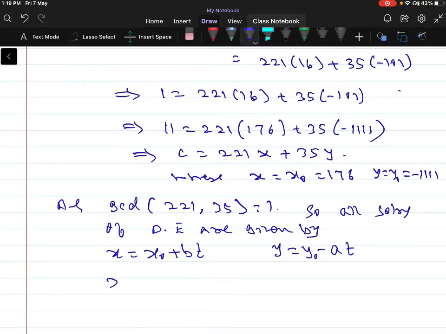So this implies x is equal to, where x naught is 176 plus where b is 35 into t, and y is equal to y naught is minus 1111, where a is equal to 221 into t. So for any integers t belongs to Z.